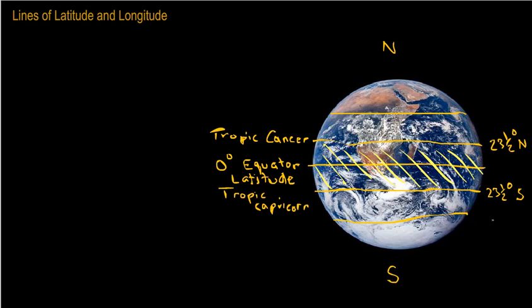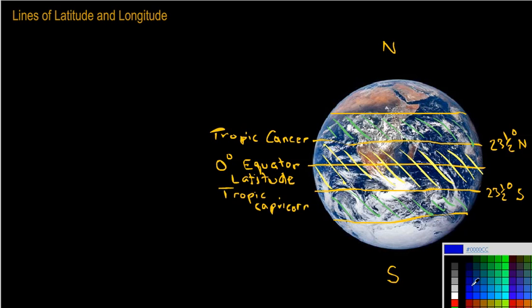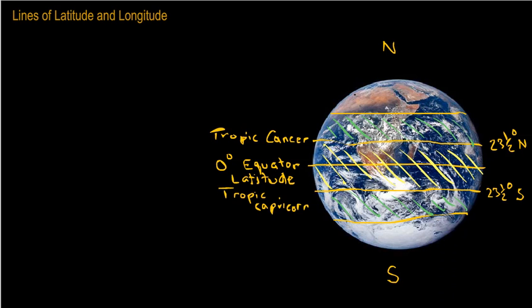We then have the mid latitudes, where it tends to be a little bit cooler, and we also have then the high latitudes, which tend to be quite cold indeed, and that's where the Arctic and the Antarctic can be found.